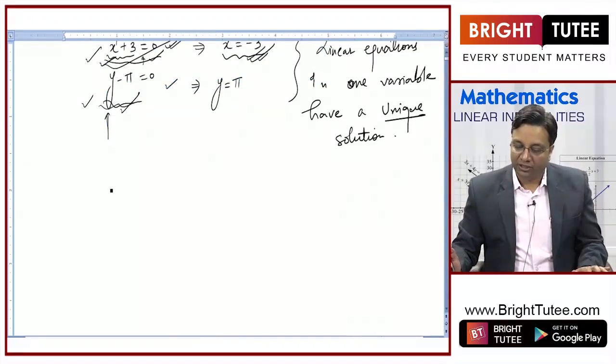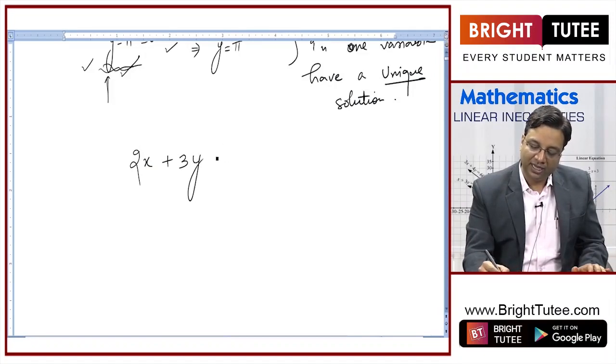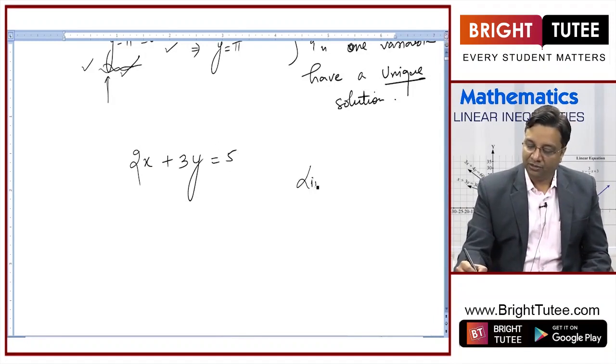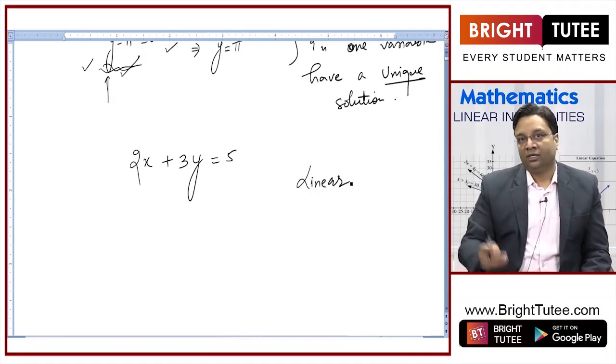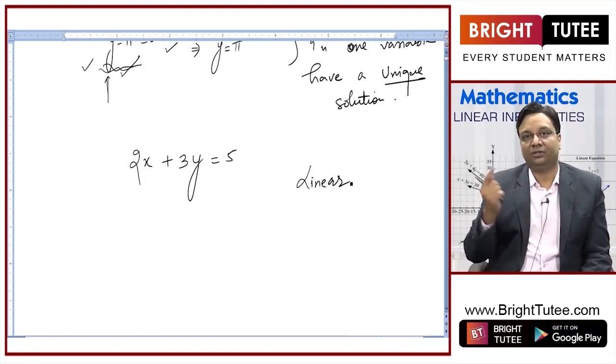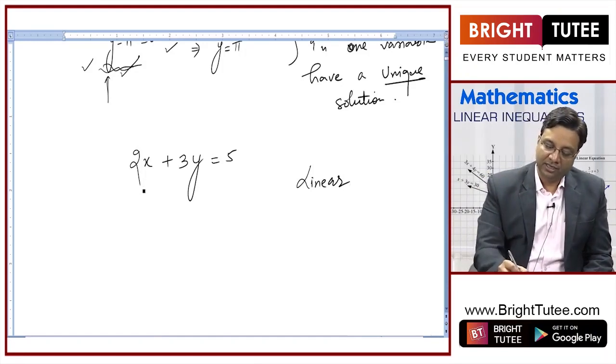Now linear equations in two variables. If I have got, let us say, an equation like this: 2x plus 3y equals 5. Now I am asking you a question: is it a linear equation? For it to be a linear equation, the powers or highest powers of the variables have to be 1. So what is power of variable x? It is 1.